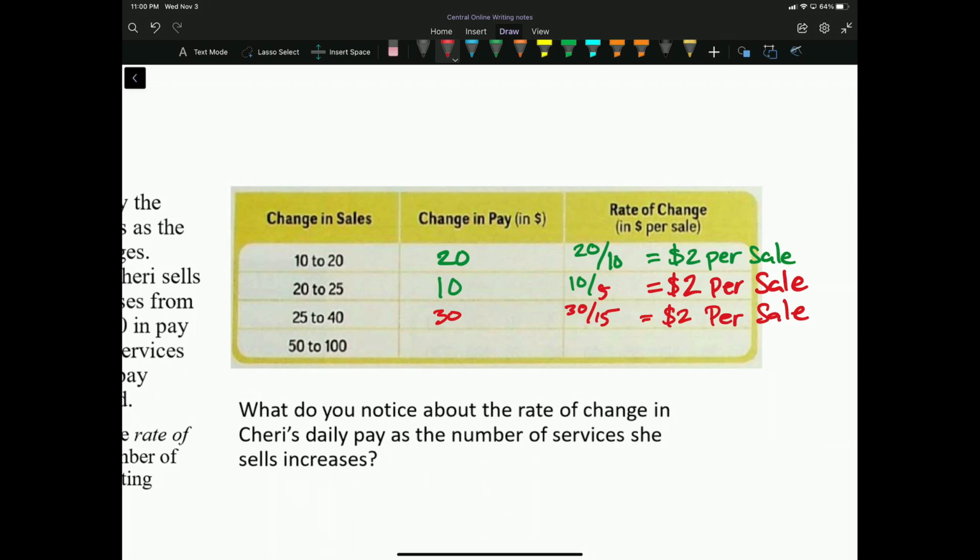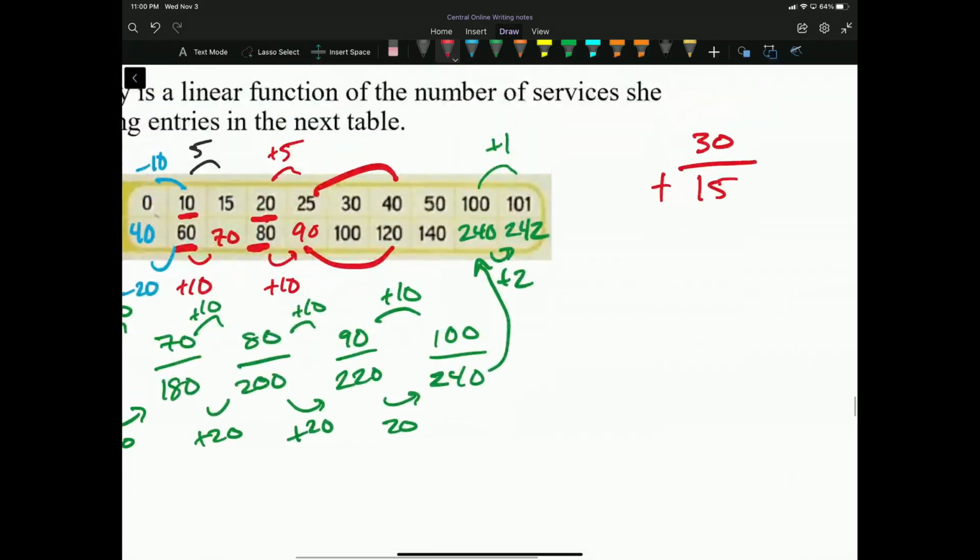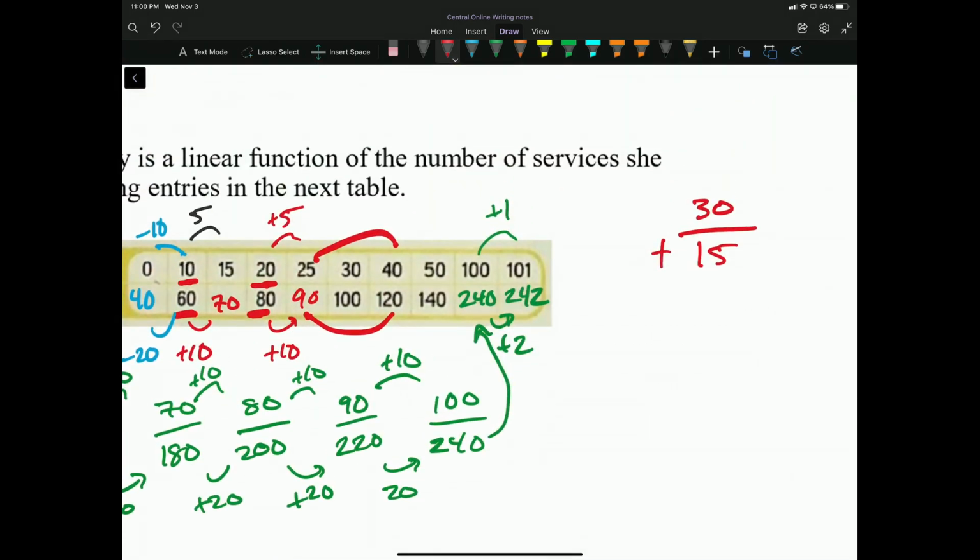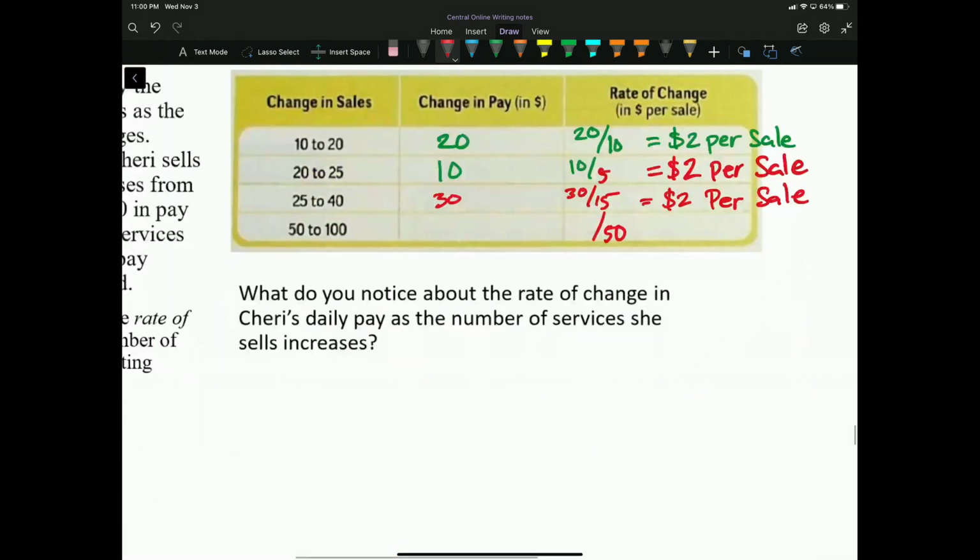One more time. We're going from 50 to 100, so we know my bottom number has to be 50. We went from 50 to 100. We went from 140 to 240. So it's going to be an increase of 100. So the amount of money we earned increased by 100. So we're going to do 100 divided by 50, which is again $2 per sale.